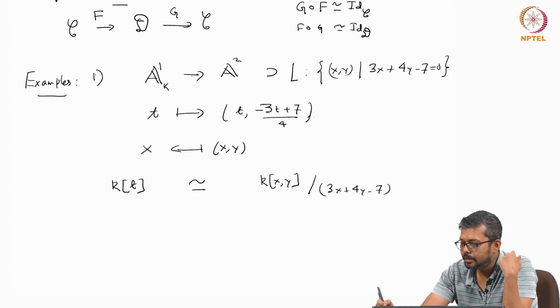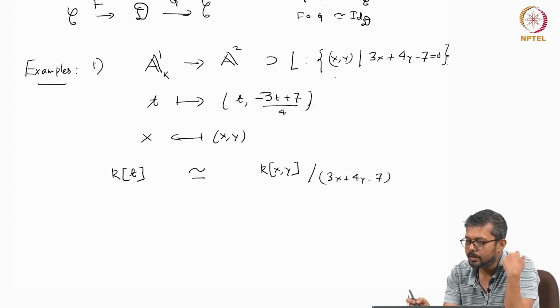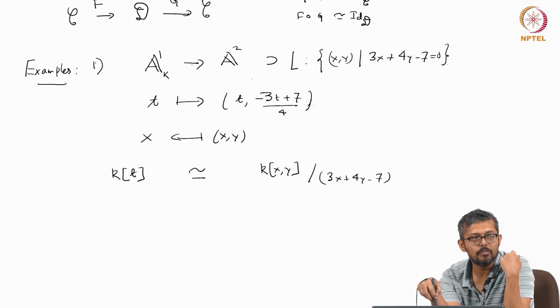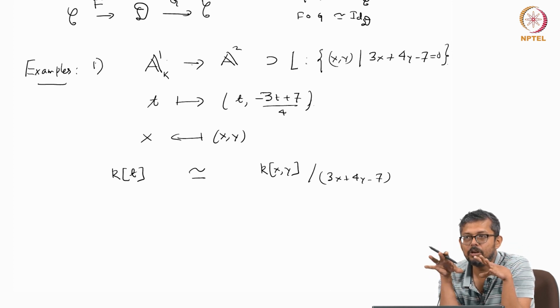But the point is that this line is in A2 and this A1 is an affine line. So now you see that you don't want to differentiate these two varieties.